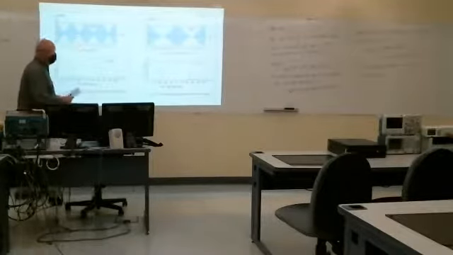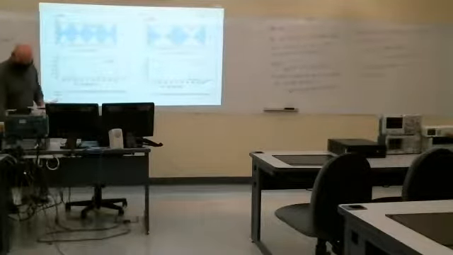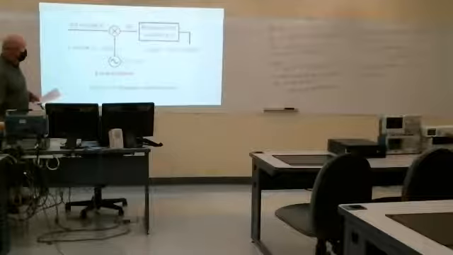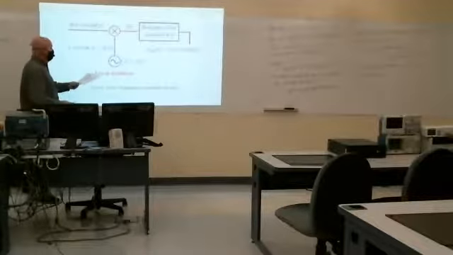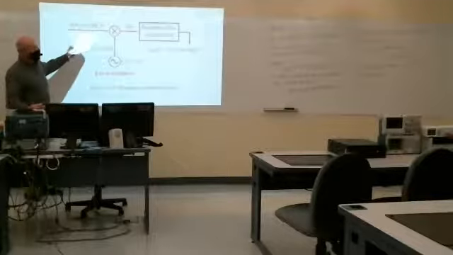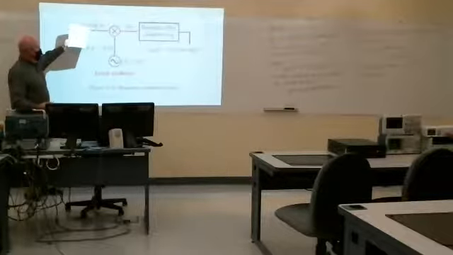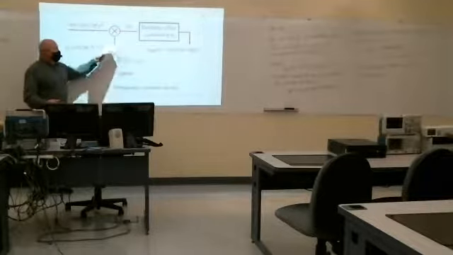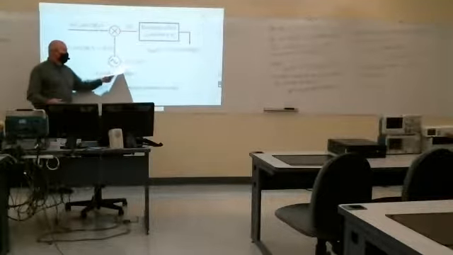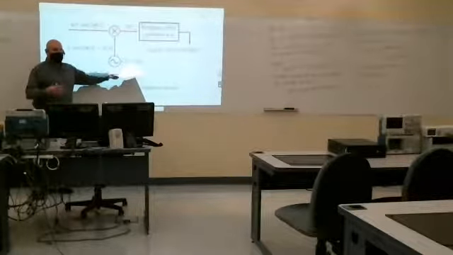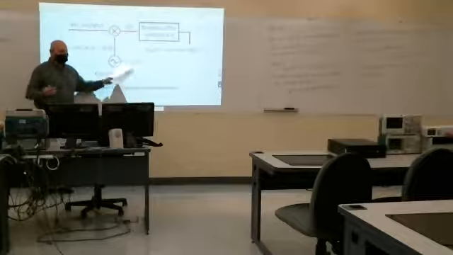And that's what this is showing here. We have a modulated input, with a carrier frequency at f1, and we multiply it by a sinusoid with a frequency of either f1 plus f2 or f1 minus f2.